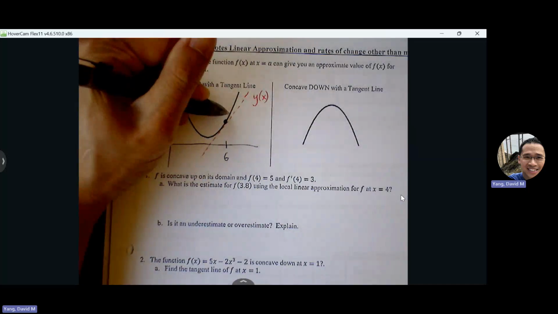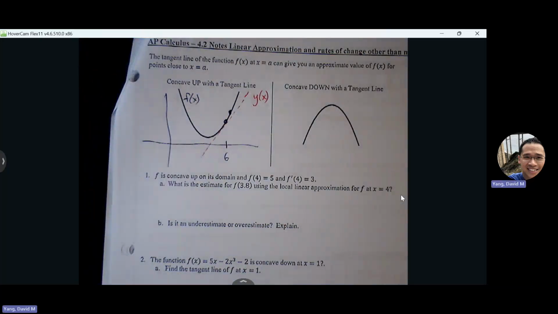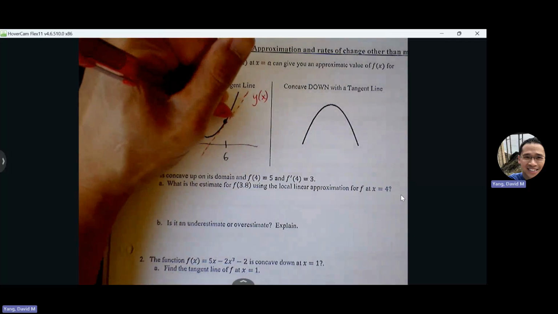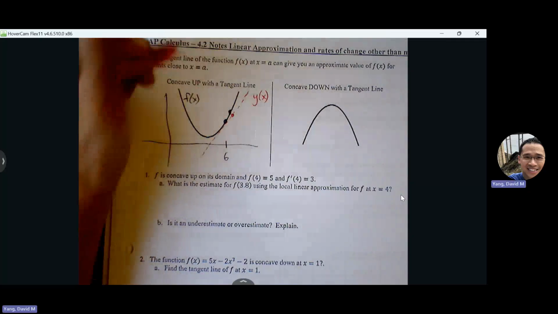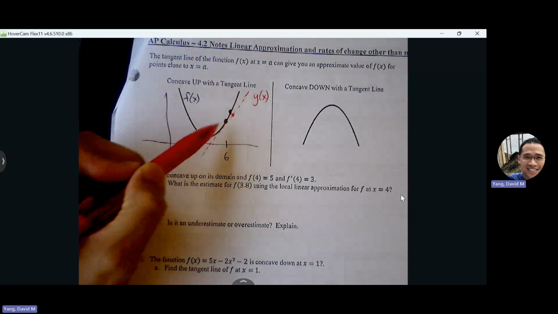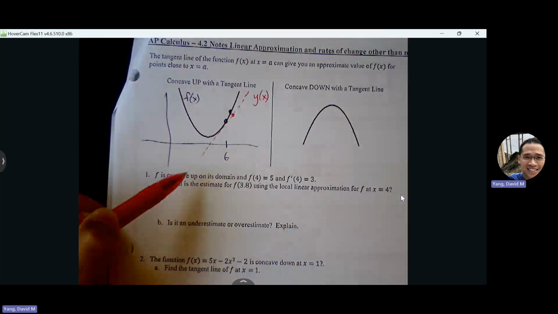Let's say we wanted to approximate f of 6.1, which is somewhere here. But then the tangent line, if I plug 6.1 into the tangent line, it's going to give me this value. Right? Obviously, it's not going to be the same because it's an approximation. Any point that is off of the tangent is going to be different.